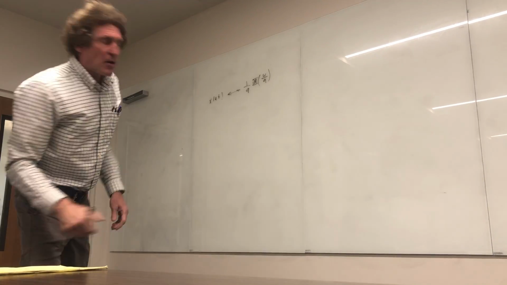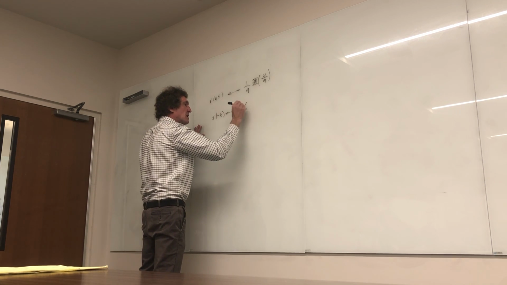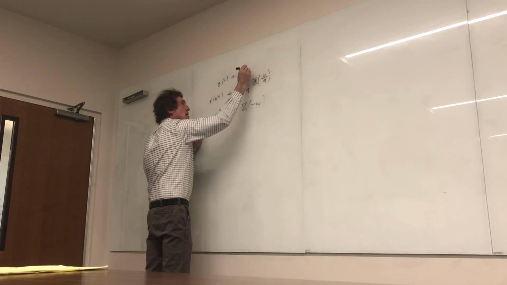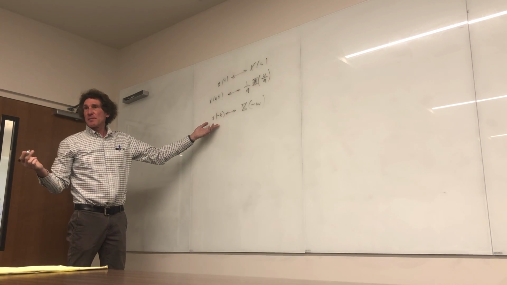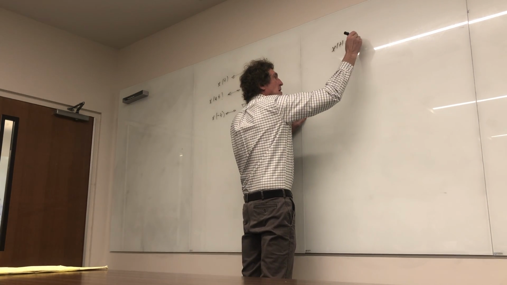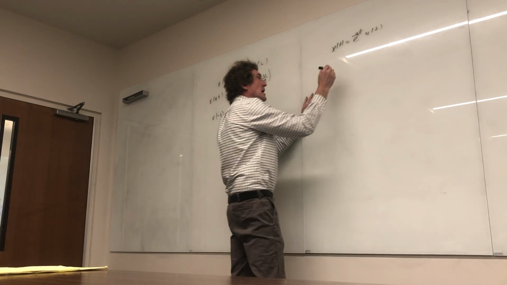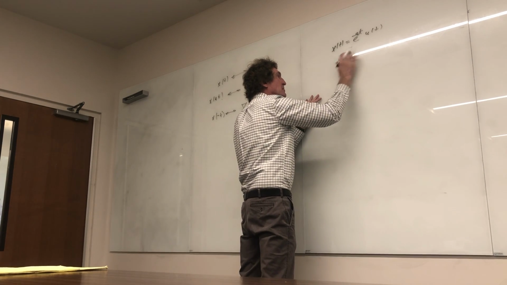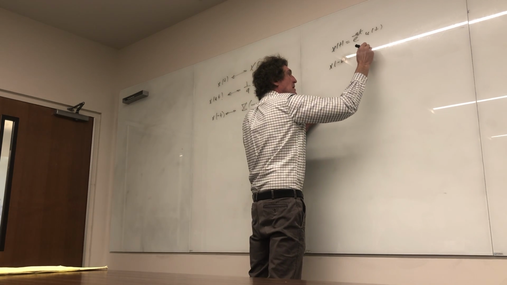The next one is x of minus t goes to x of minus omega. It's assuming we know x of t goes to x of omega. For this property, let me tell you what I'm talking about. If I have x of t equal to e to the minus at u of t, but now I want to know the transform of x of minus t. X of minus t would be equal to e to the at u of minus t.